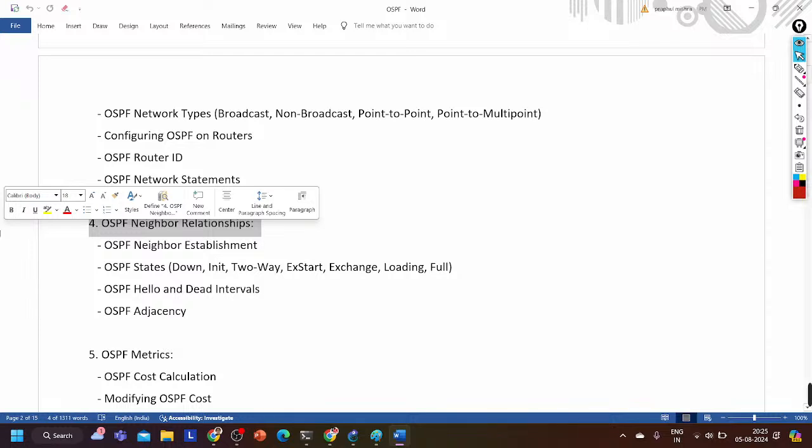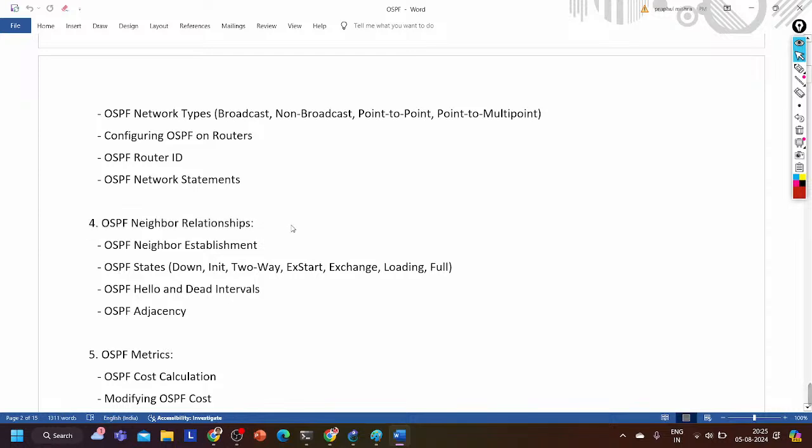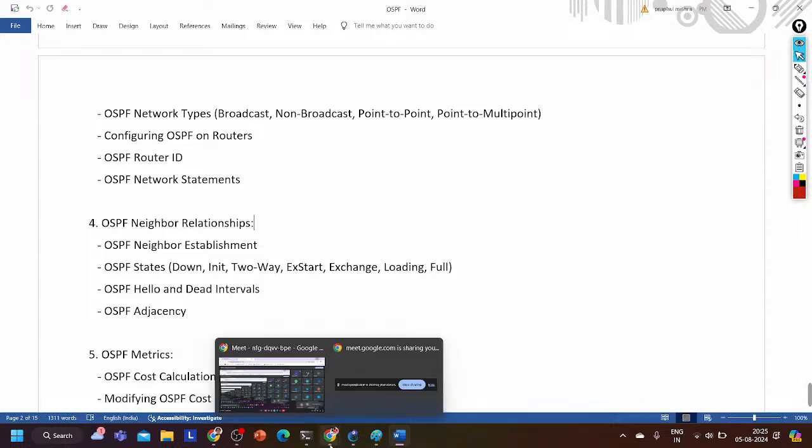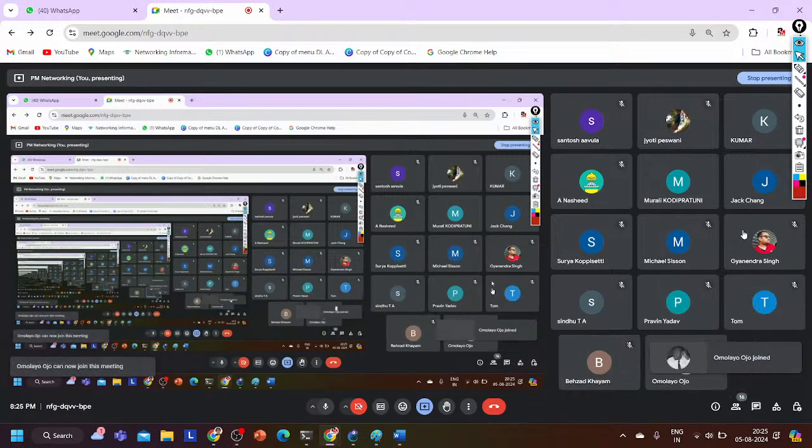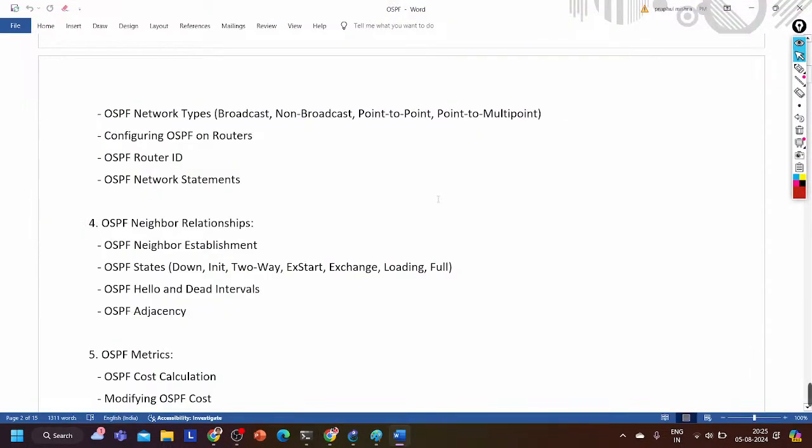In the same way in OSPF also we have some parameters that must match to form neighborship. And in EIGRP we have only one type of neighbor, but in case of OSPF we have two types of neighbor. Neighbor without adjacency means two routers can only form OSPF neighborship, but they will not exchange routing information.